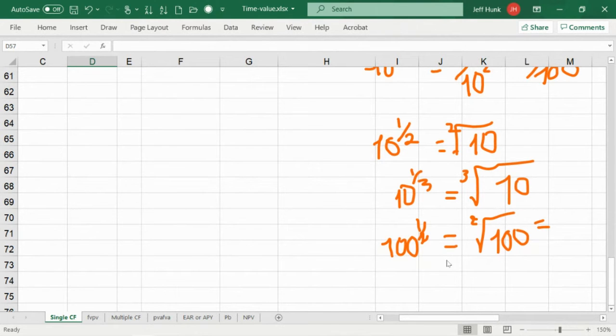100 raised to half, which is the square root of 100. Isn't it easy to find mentally? Calculate this. What is the square root of 100? 10. 10, of course. Was it Hannah?